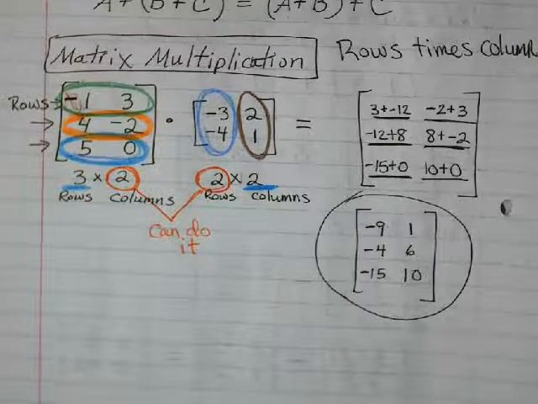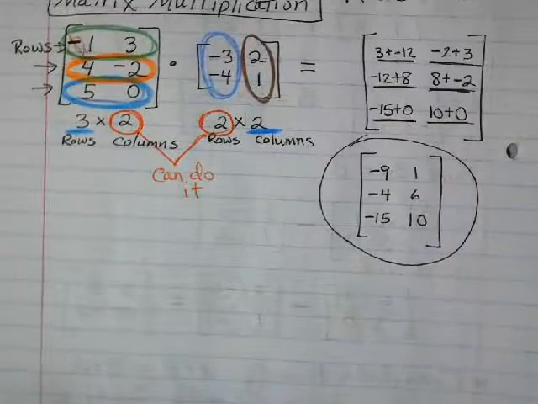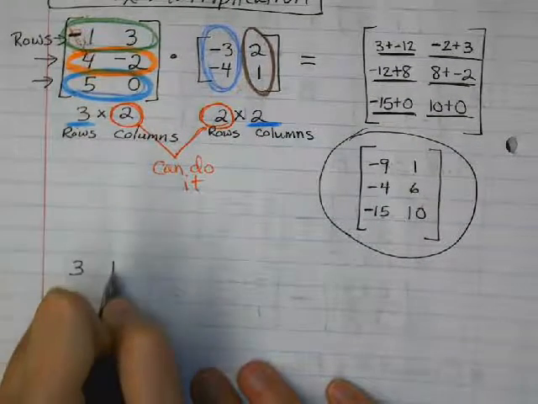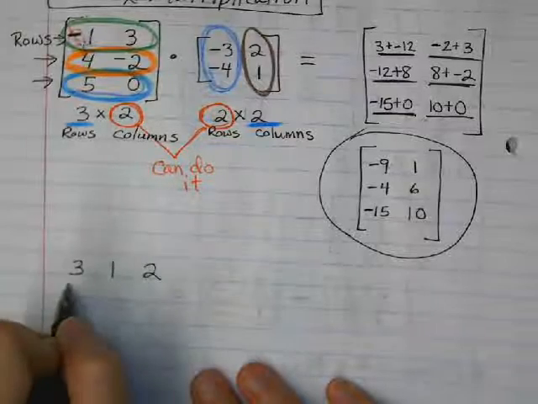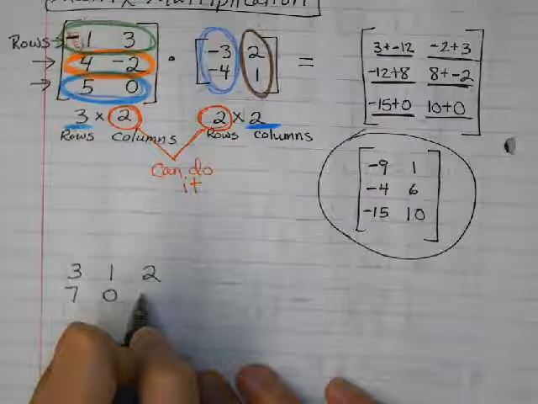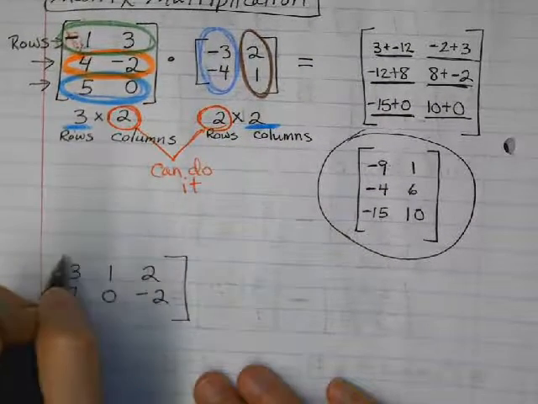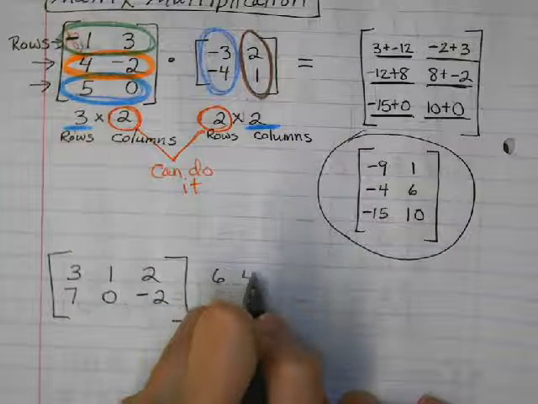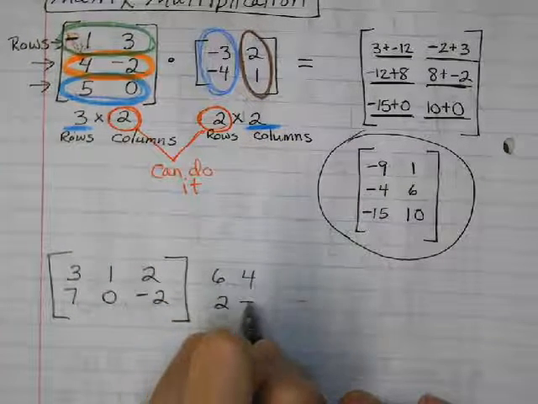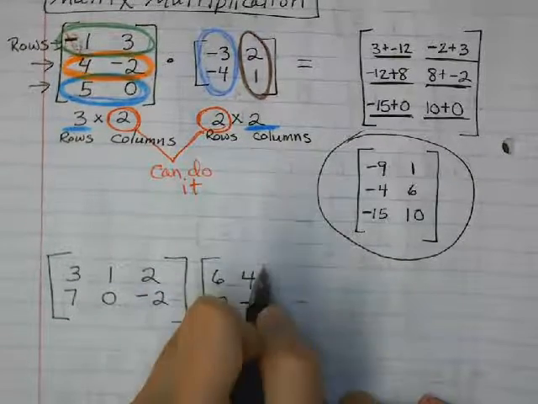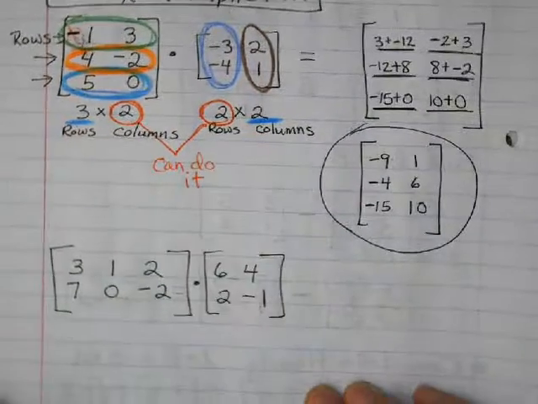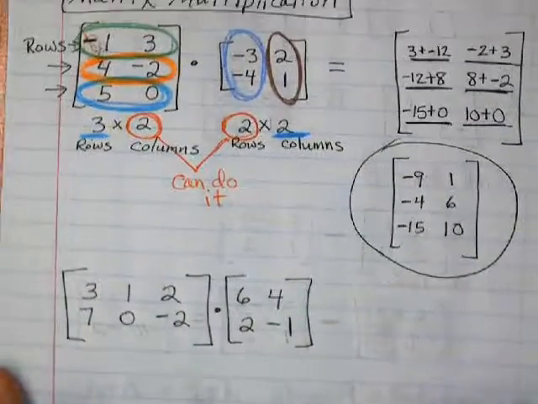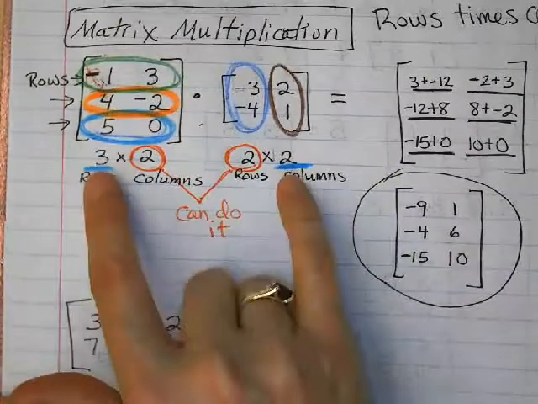Okay, I'm going to write one more of these to get you guys thinking about it. Let's look at this one. I'll write a matrix down: 3, 7, 0, negative 2. And then 6, 4, 2, negative 1. Okay, so here's another one. Like I said at first, you do need to think of the sizes of the matrices.